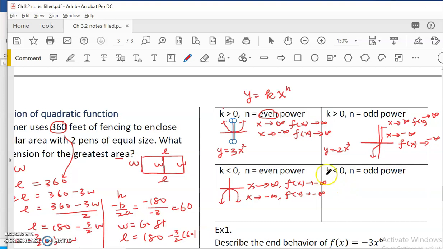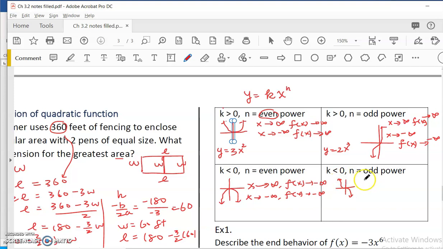And what about when the coefficient is negative? Then it is a vertical reflection. So the right-hand side becomes down, and the left-hand side becomes up. So we would imagine something like this, right?